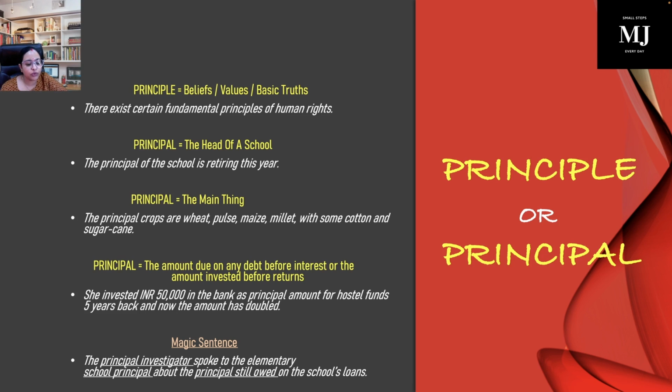So let's see how we can use this one in a sentence. She invested rupees 50,000 in the bank as principal amount for hostel funds 5 years back, and now the amount has doubled. This usually happens in the share market or the investment game, that things get doubled or some loss appears. In this case, it got doubled.